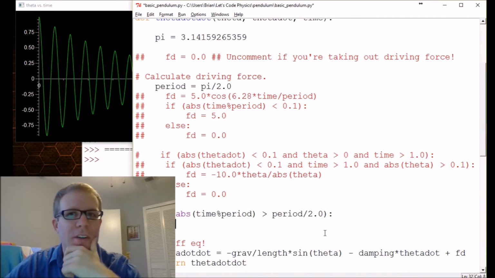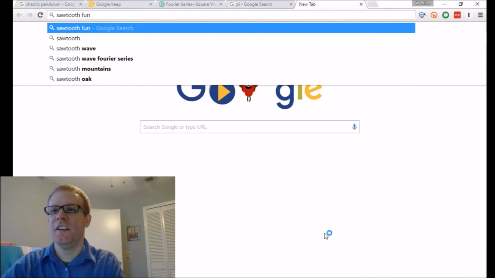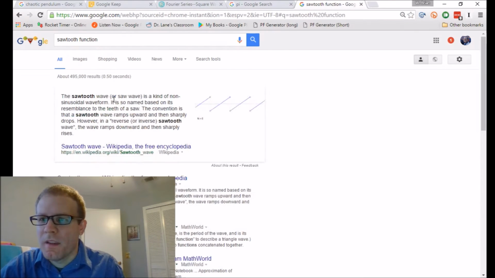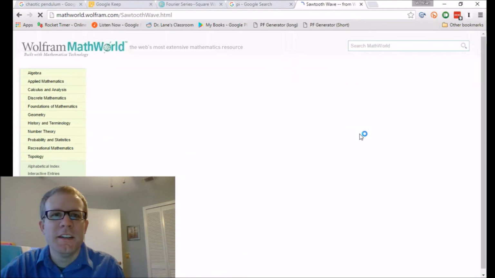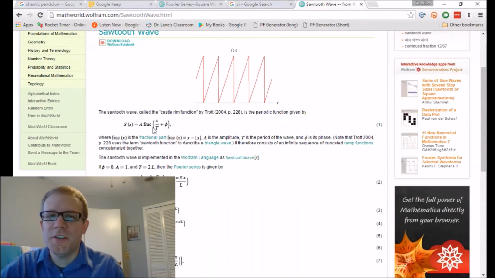Oh goodness, I should have looked up how to encode the Sawtooth function. Sawtooth function, there we go. All right, let's go with Wolfram Alpha. Oh, I just used the frac function, the fractional part.